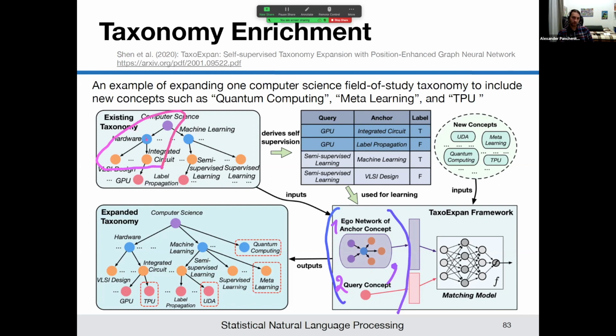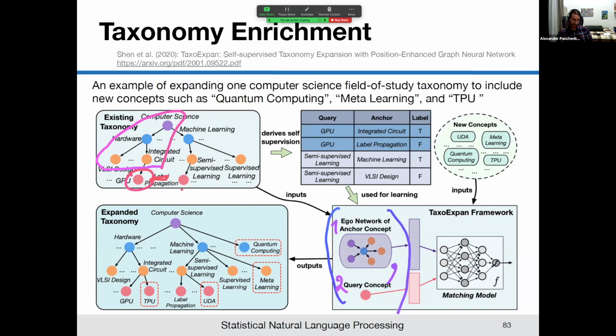If you provide a bunch of candidate queries, then for the correct place, the network should give a positive class output, and otherwise it should say that's not the right place.